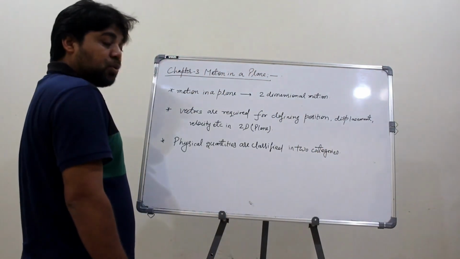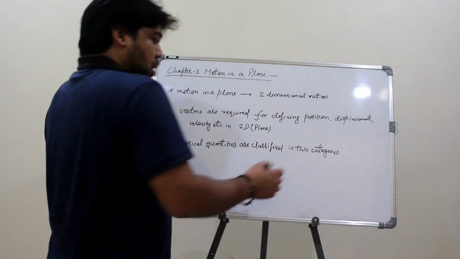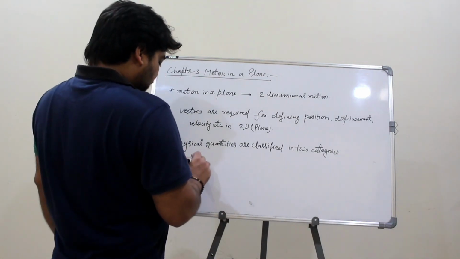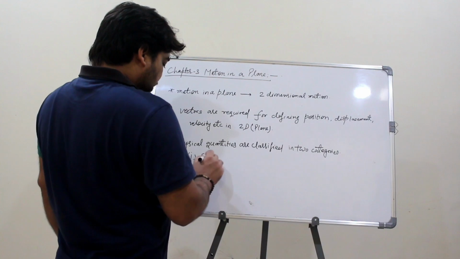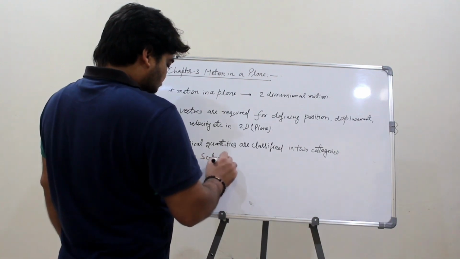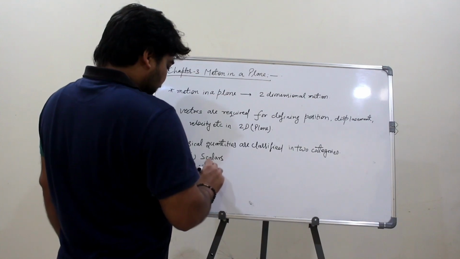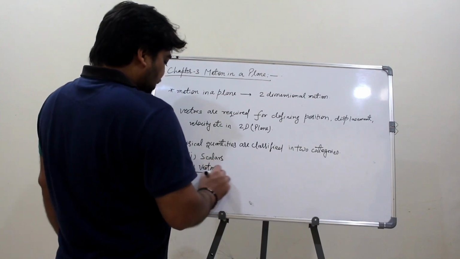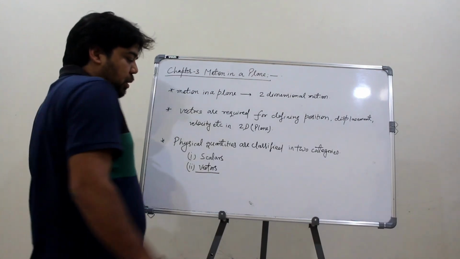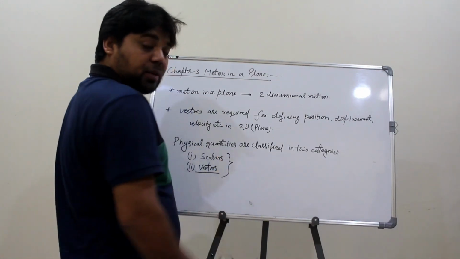What are the 2 categories? One is scalars, and second is vectors. So this is what we usually say, but this is not exactly the case.